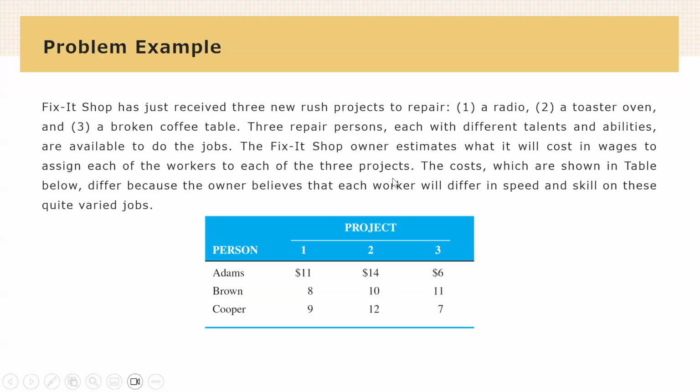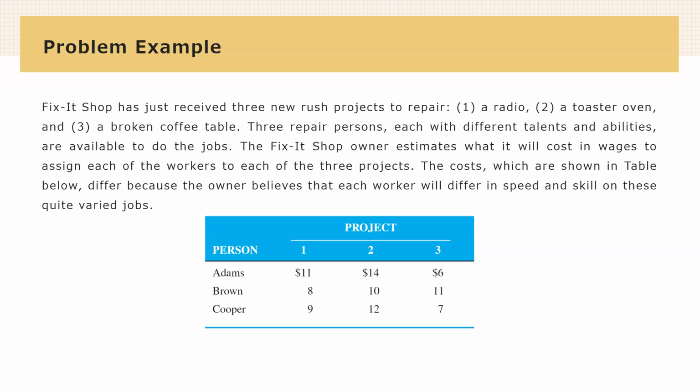Fixed shops has just received three new rush projects to repair a radio, toaster oven, and a broken coffee table. Three repair persons, each with different talents and abilities, are available to do the jobs.